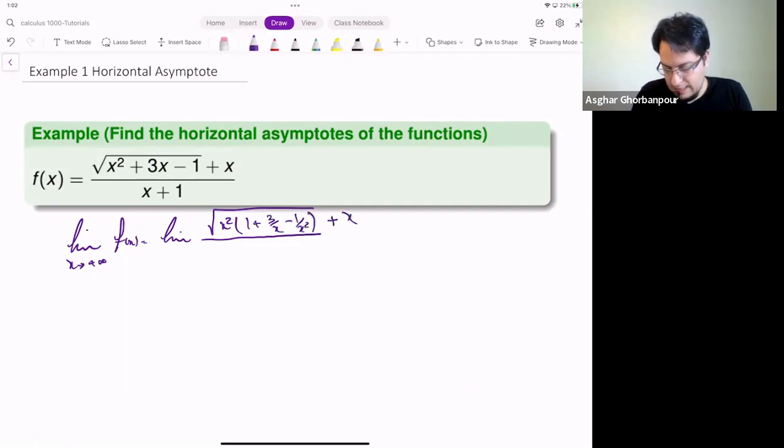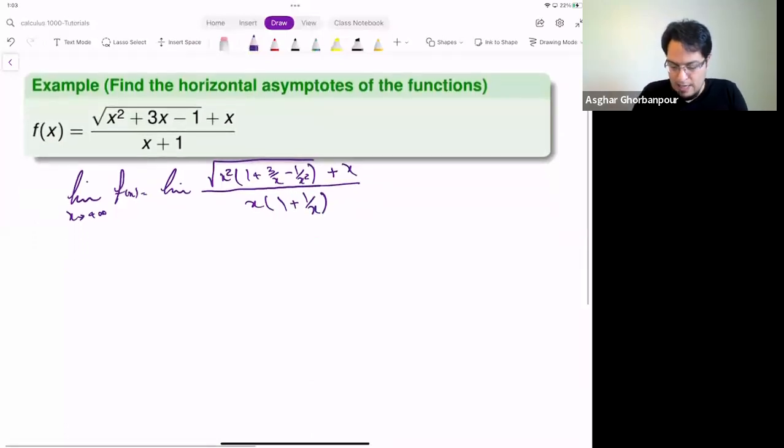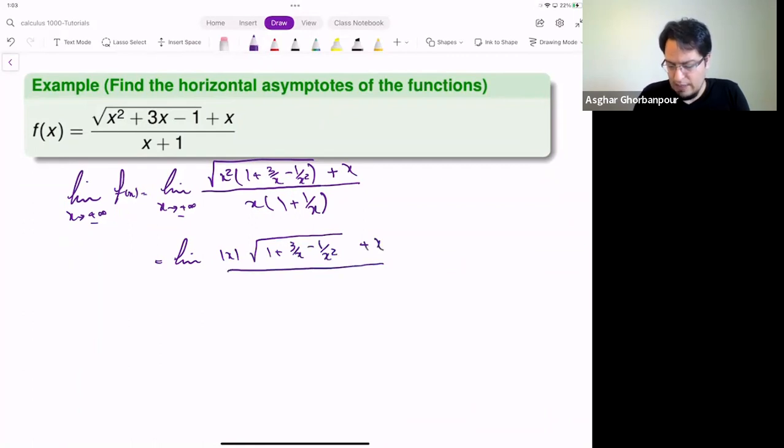Well, I have plus x still staying out there. Yep. And this is when x goes to plus infinity. Actually, this is the same computation if x goes to negative infinity as well. The absolute value of x comes out: 1 plus 3 over x minus 1 over x squared, plus x over x, 1 plus 1 over x.